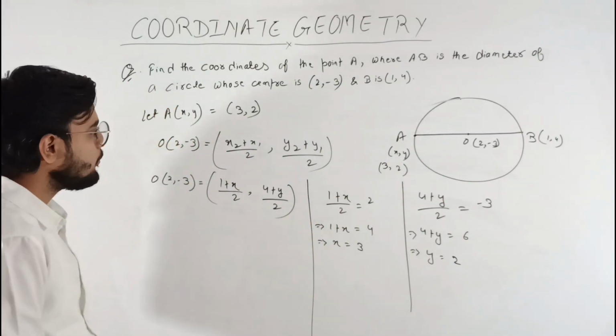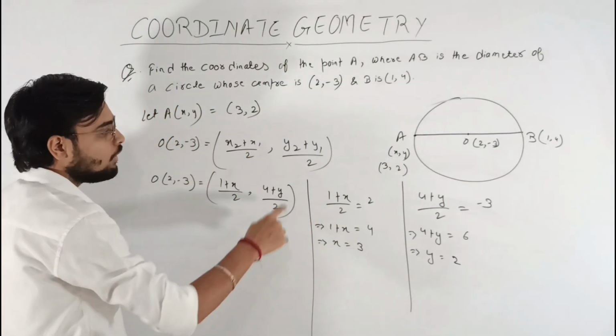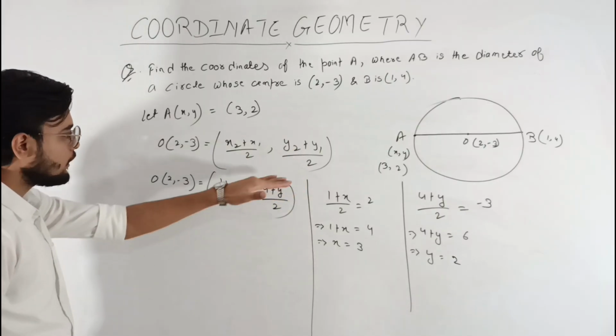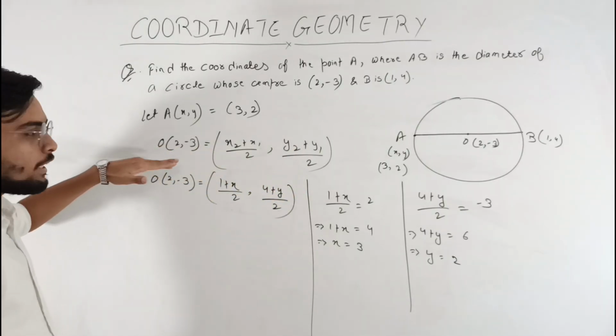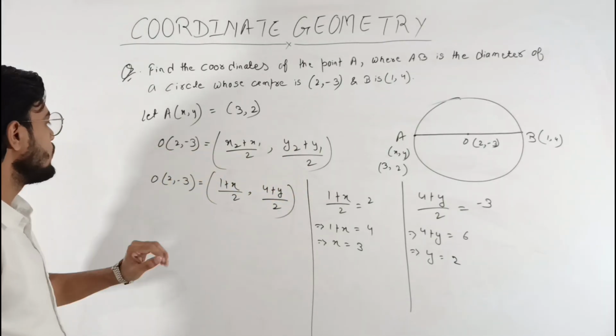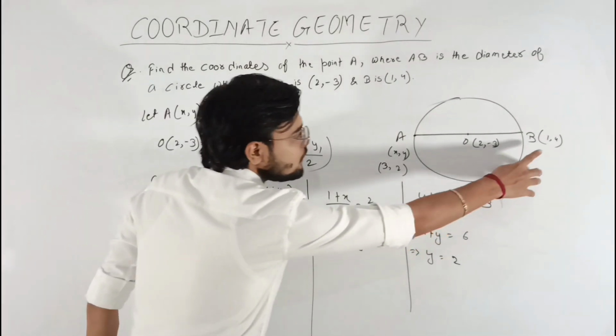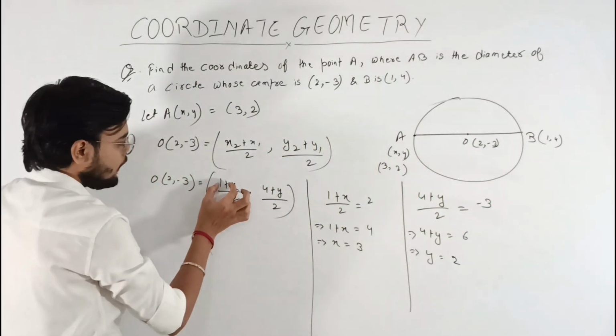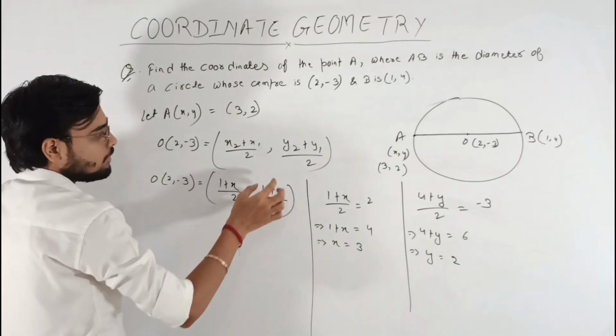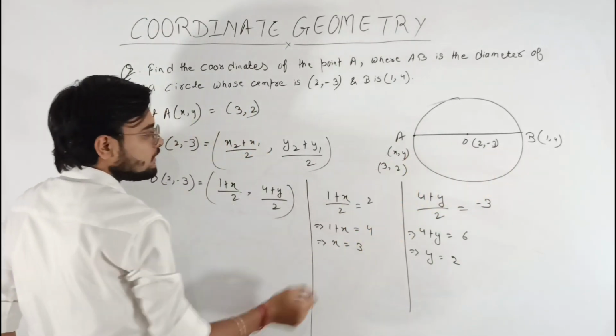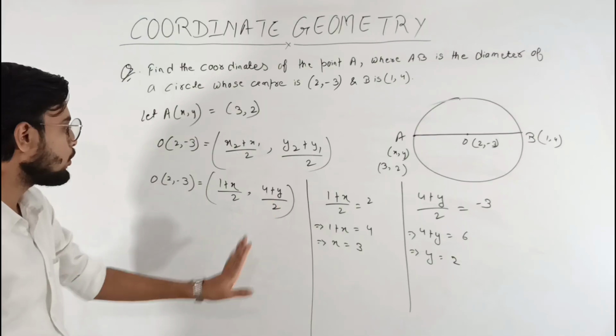So I apply the midpoint formula, which is x2 plus x1 upon 2 and y2 plus y1 upon 2, equal to the coordinates of the midpoint, which is 2 and minus 3. Here x2 is 1 and x1 is x, so I write 1 plus x upon 2. Similarly y2 is 4 and y1 is y, so 4 plus y upon 2.